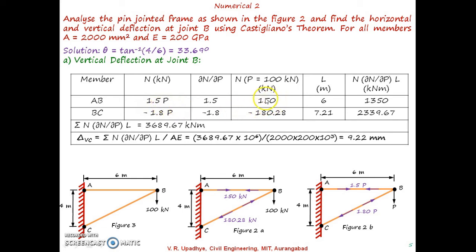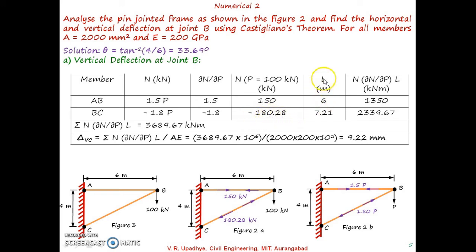That gives us internal member force in member AB as 150 kilonewton tension, and in member BC 1.8 into 100, that gives us 180.28. Actually the value is 1.8028, so I have written it as 1.8, but in this column its complete value, 180.28, is written, and that is compression.